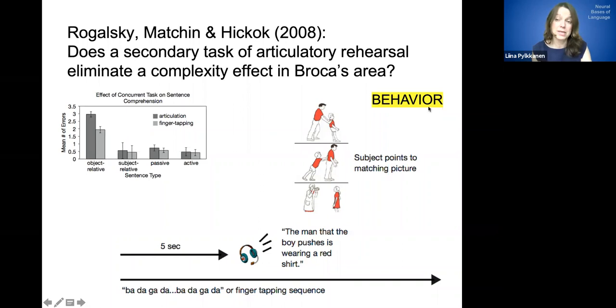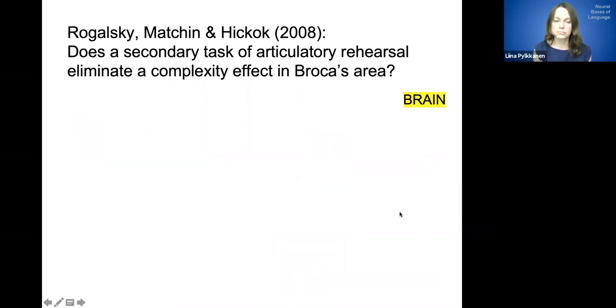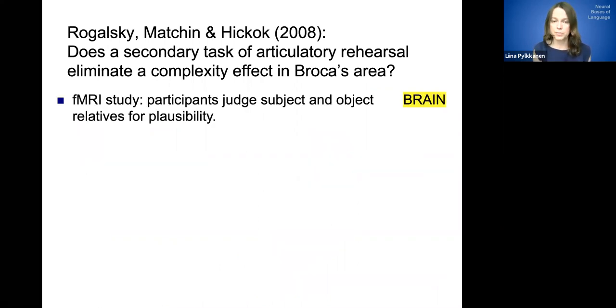So that is just behavioral evidence. This is experiment one, a purely behavioral experiment that shows that the comprehension of these object relatives may have some kind of a production component to them. And then they did the same experiment in fMRI.